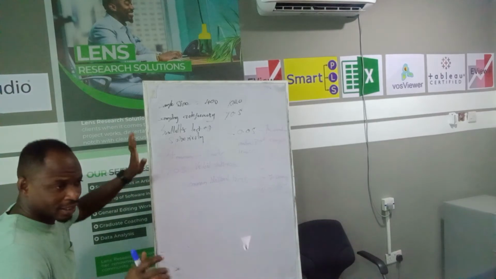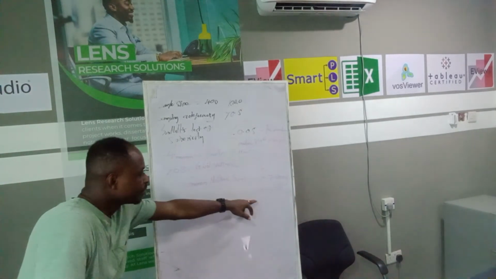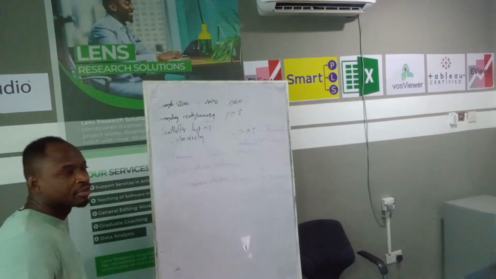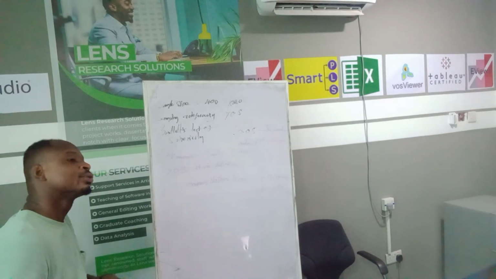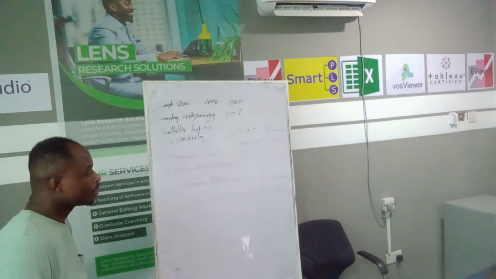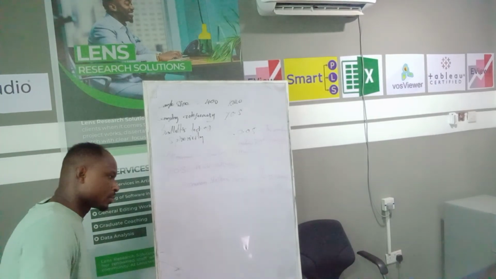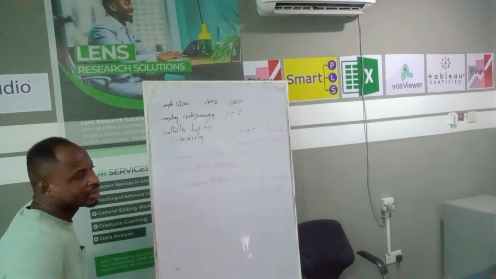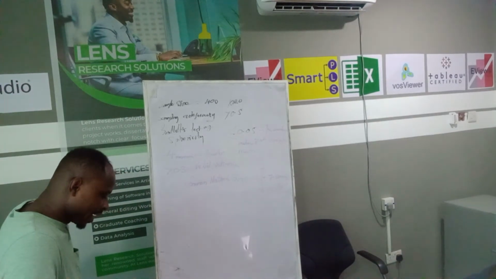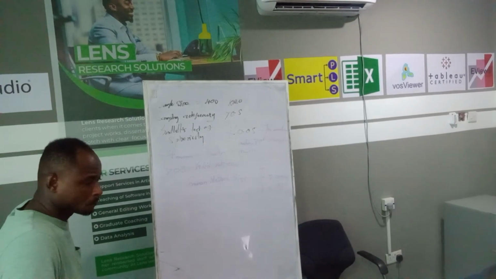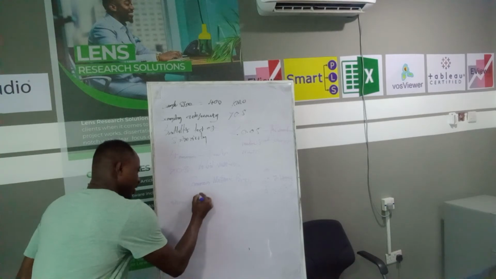Under SPSS, if you run your factor analysis, the percentage of variance should be less than or equal to 50 to avoid the threat of common method bias. If you go to SmartPLS, common method bias is measured by inner VIF.